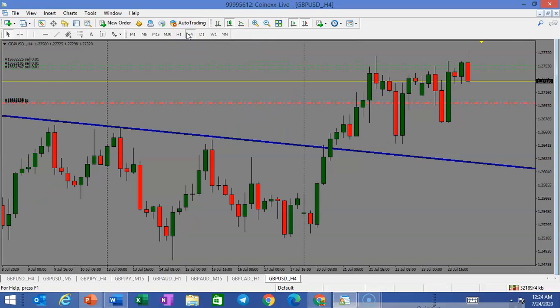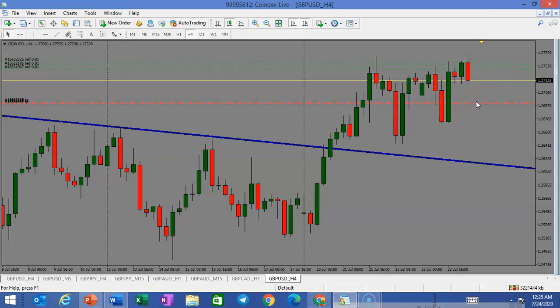Okay, so now we look at the 4 hour. The 4 hour is showing us that 1, 2, 3, 4, 5, 6, at least 40 hours price action has been held at this level, at this resistance level. And so this current candle is retracing this move to the upside.